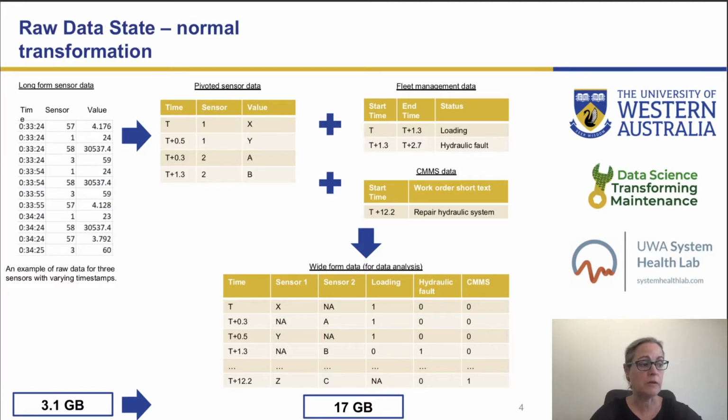When we do this, the file size resulting from conventional pivoting and alignment of time becomes 17 gigabytes for a single excavator for 9 months. In addition to the size issues, the pre-processing like this also results in many rows with at least one NA value. These NA values cause complications later in the modeling stage.